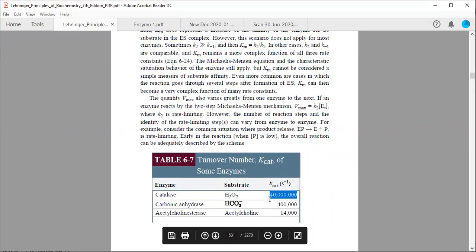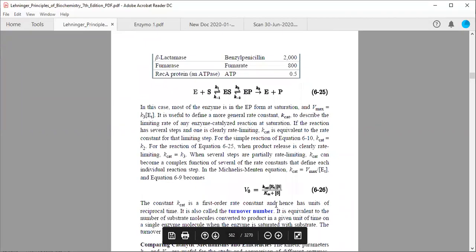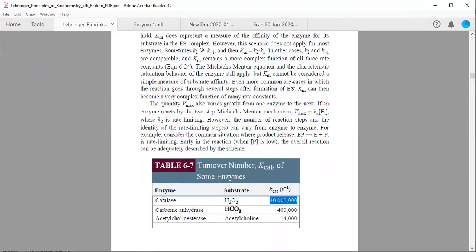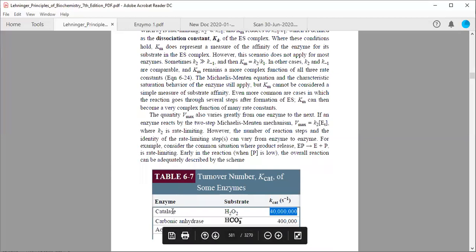Also, carbonic anhydrase has a turnover number in the range of 4 into 10 to the power 5, and acetylcholinesterase 14,000, and so on. It will decrease actually. So the maximum is for catalase.